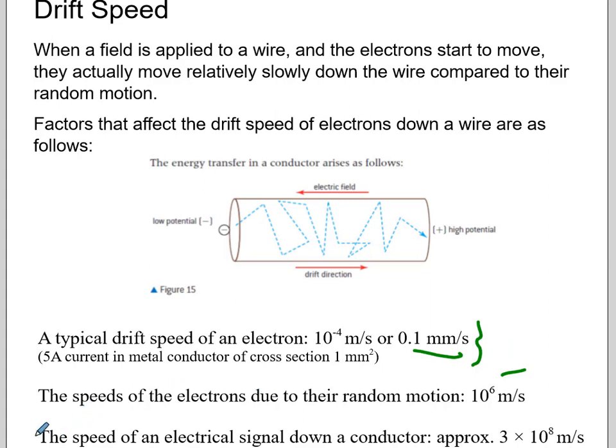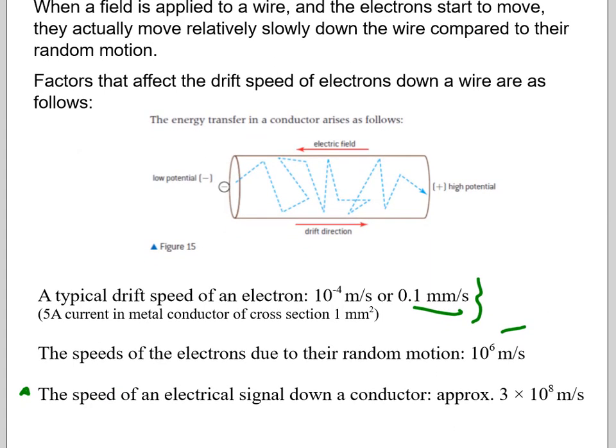But here, this last piece is why the light seems to turn on instantly. The speed of the electrical signal down a conductor is the speed of light. And that's pretty close to instantaneous for short distances. So it's that field that you apply, that signal that's applied to the wire that tells them all to start jiggling. That's what turns the light on instantly, and that's why you notice it instantly. But it isn't the actual electrons traveling there.